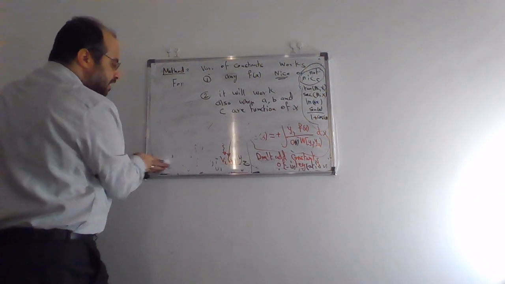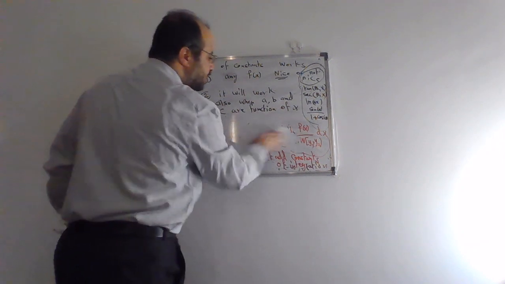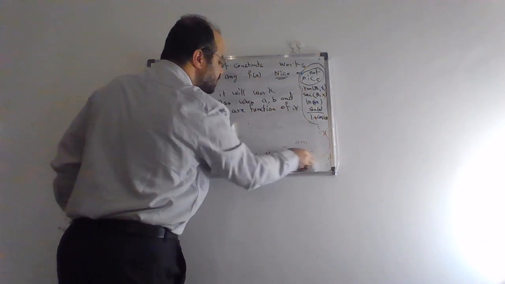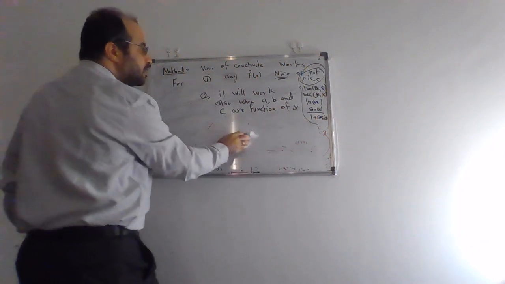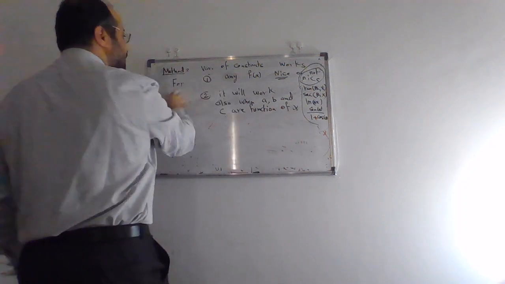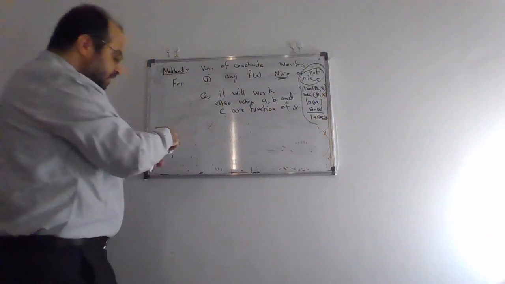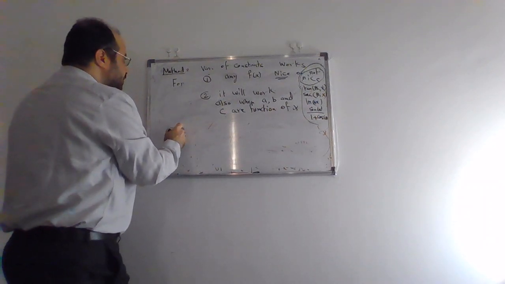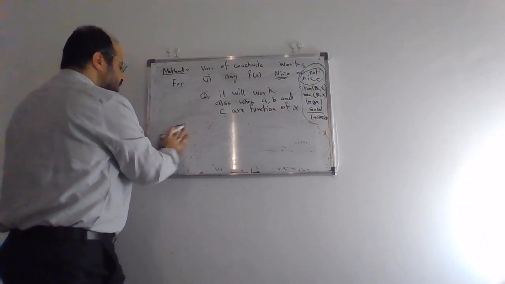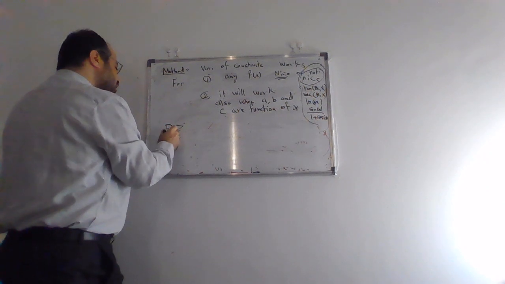So you're going to tell me, if this method is the more general method, then why don't you teach us this method from the beginning? Why do you keep it till section 4.6? So number 3, here is one remark.